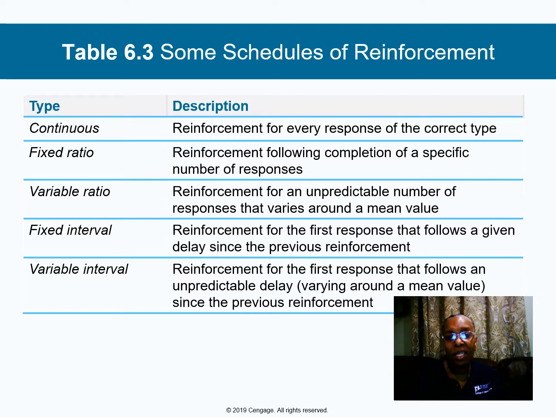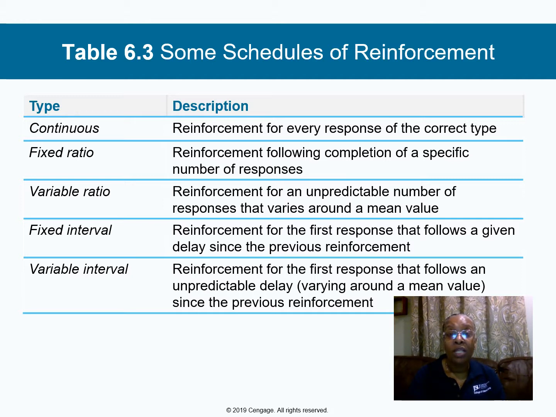Let's talk about fixed interval schedules. This provides reinforcement for the first response after a specific time interval. So in this case, let's think about an animal. They might get food for its first response after a 15-second interval. Then it will have to wait another 15 seconds before another response will be effective.